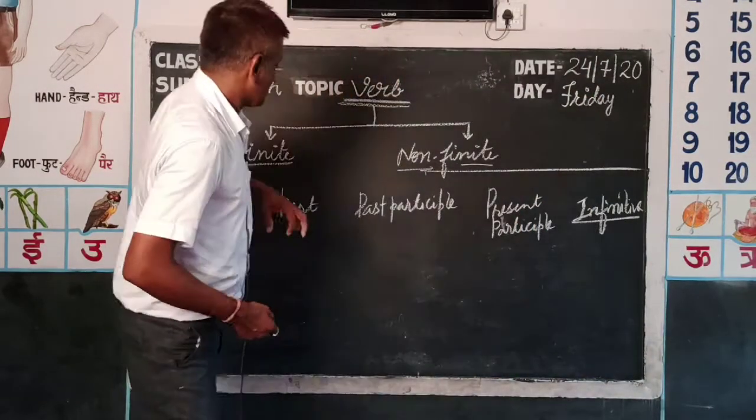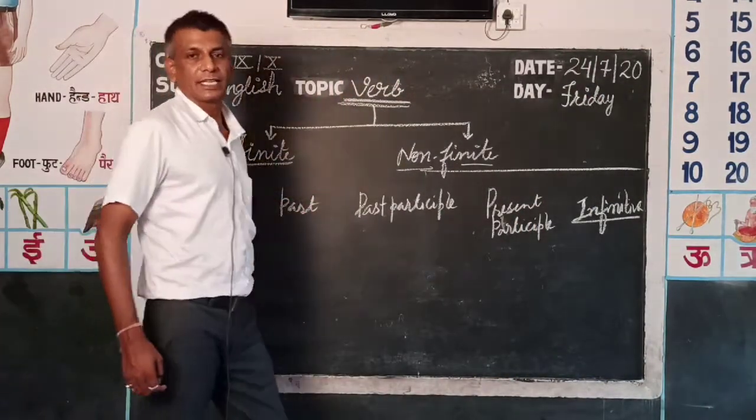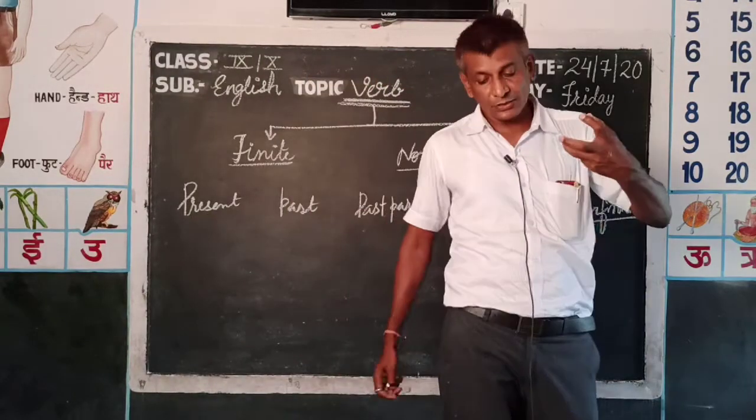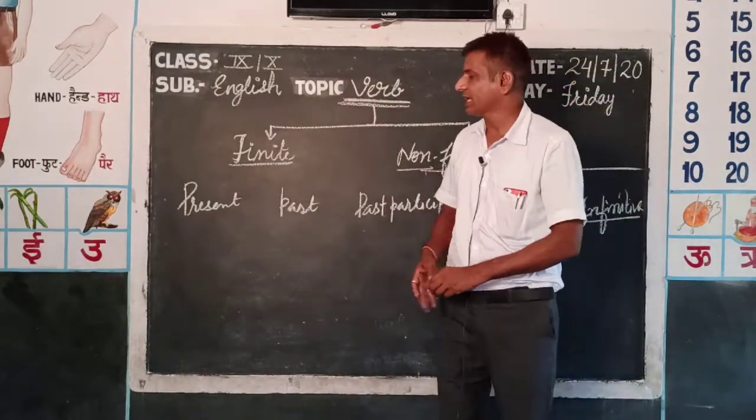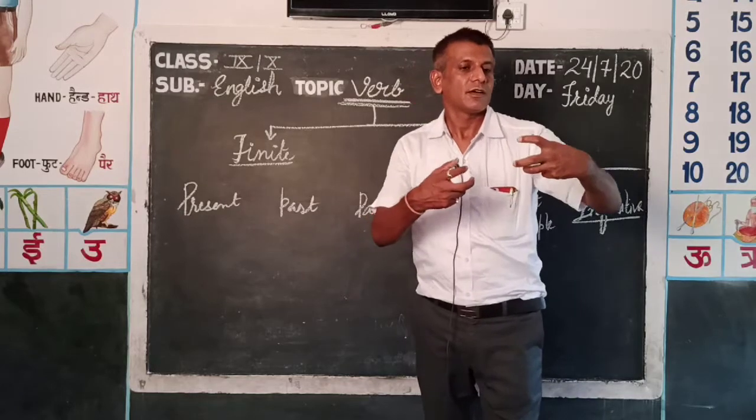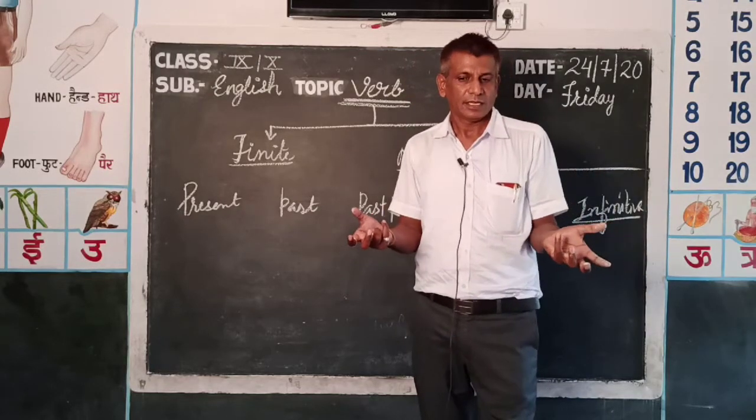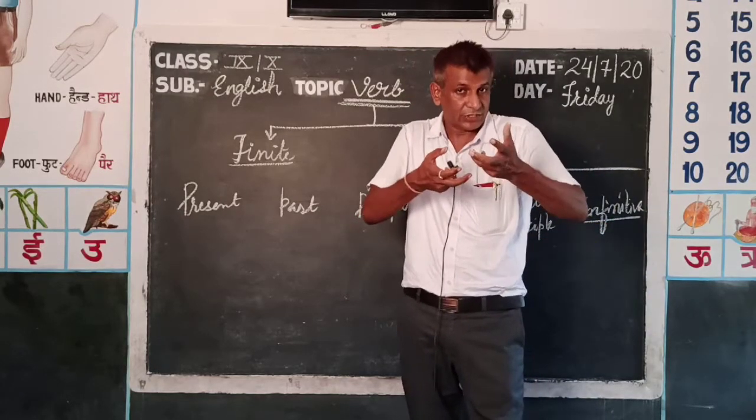So students, these 5 forms are there. When we talk about the form of a verb, a form changes in 5 types.